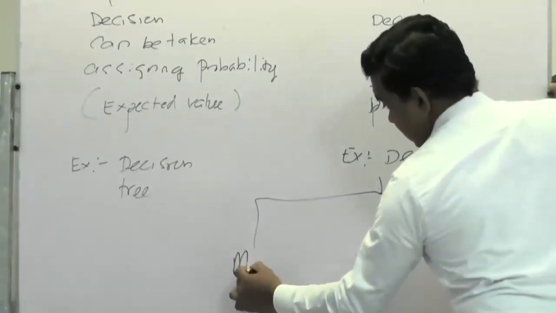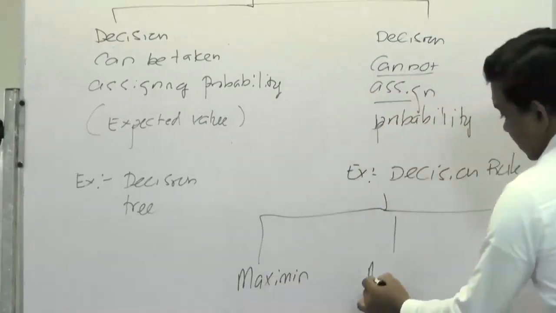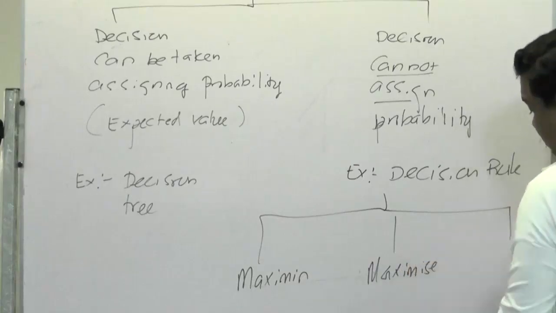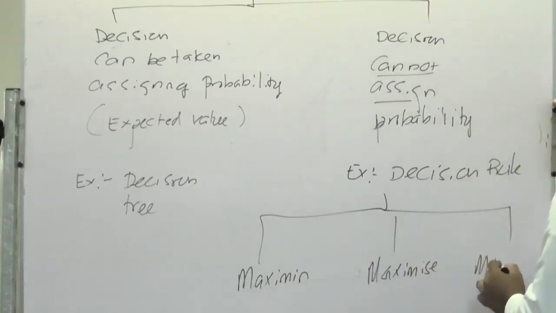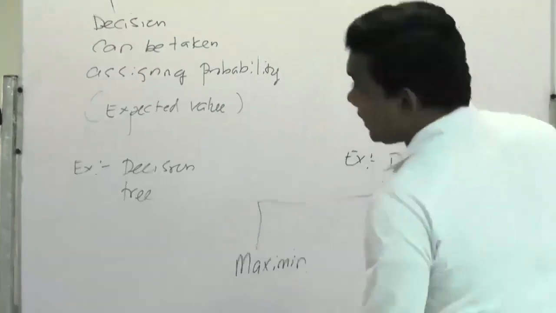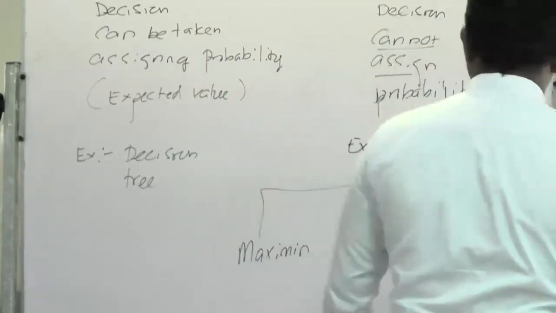One, maxi-min. Second, maximize, and minimax regret rule. The third, as explained, is the minimax regret rule.